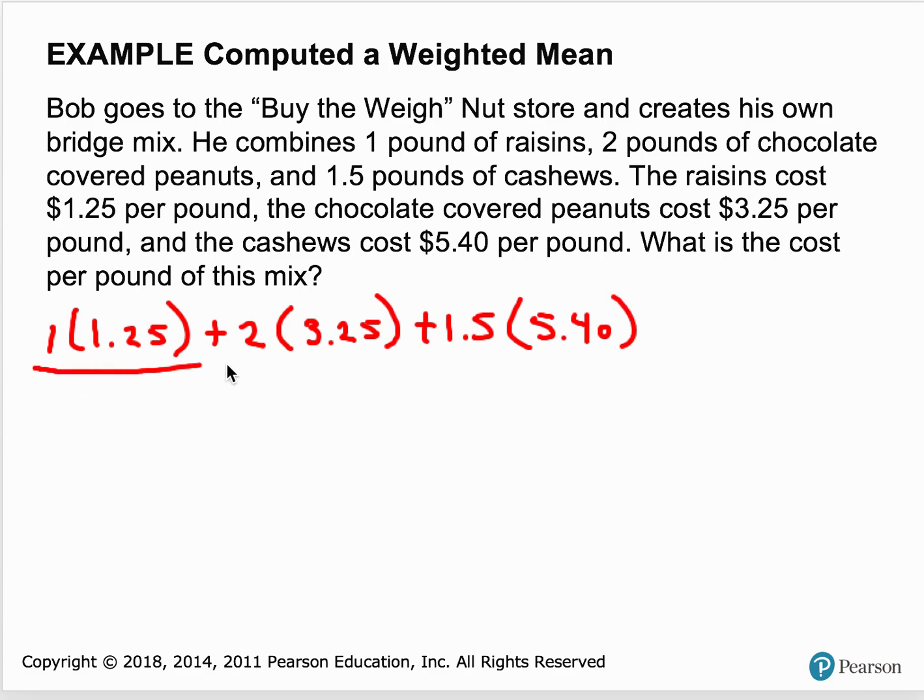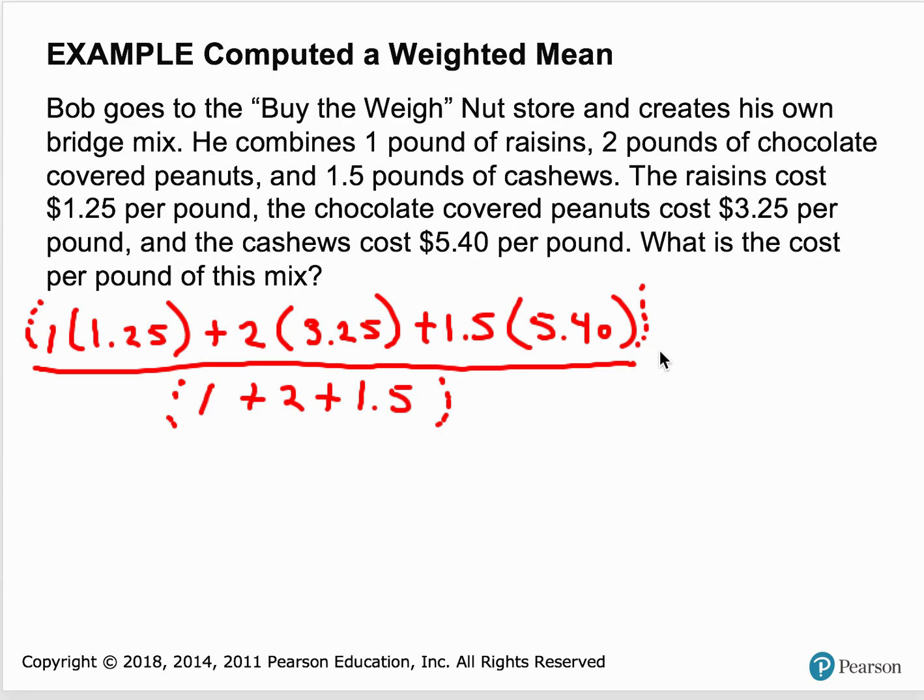And then we just divide by how many pounds he had: 1 plus 2 plus 1.5. Now, remember when we put this in our calculator, we must have parentheses around the numerator and the denominator, right? To tell the calculator the correct order to do it in.